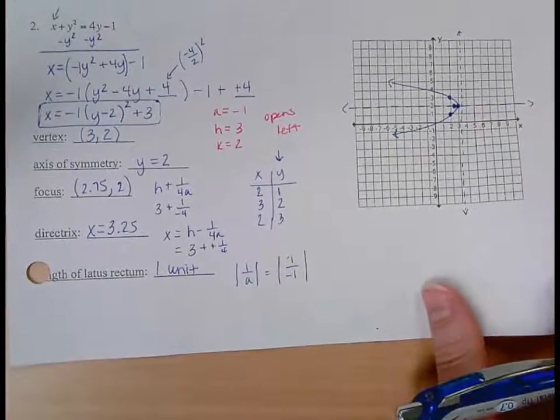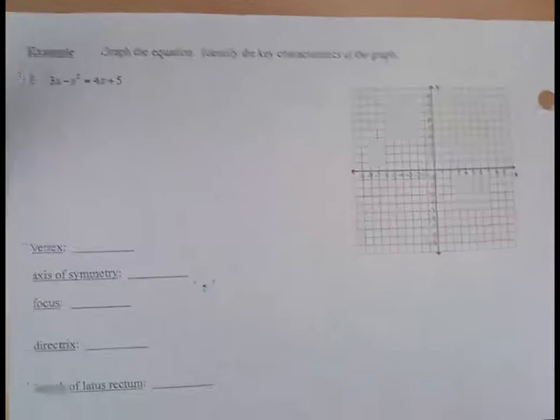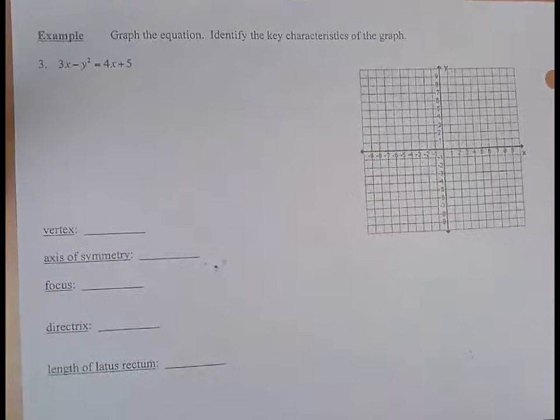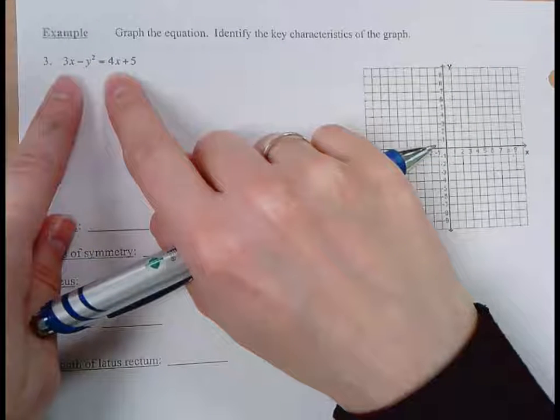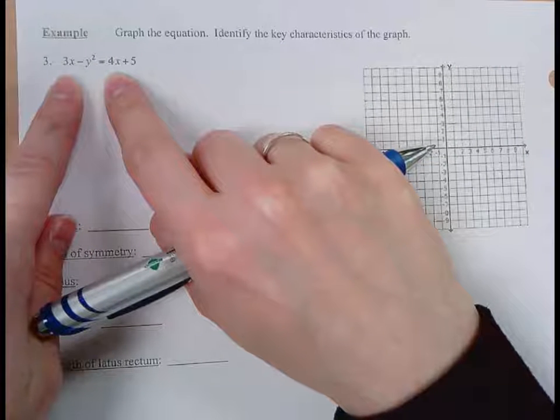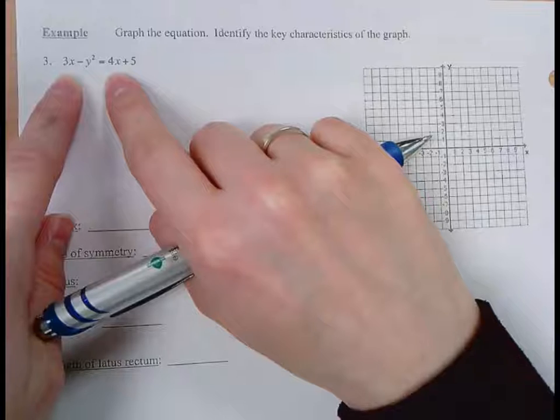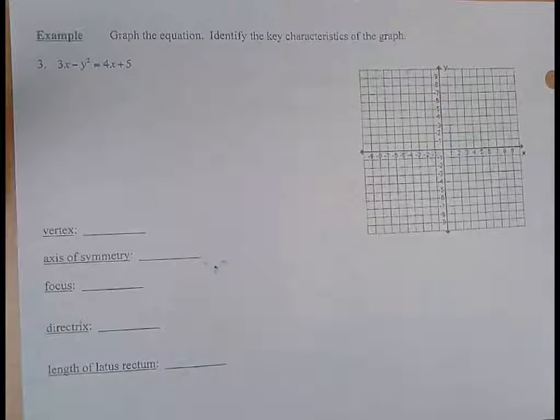Okay, am I okay to flip this over? Okay, so for example 3, first of all, what variable do we have to get by itself to get this into standard form? X. Notice though there are 2 terms with x. So what I want to do is get all the x's on one side and then everything else on the other side.